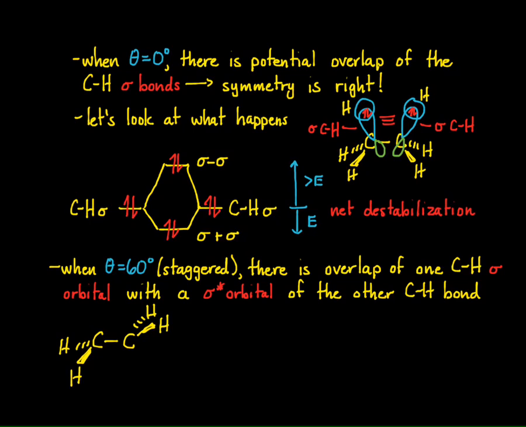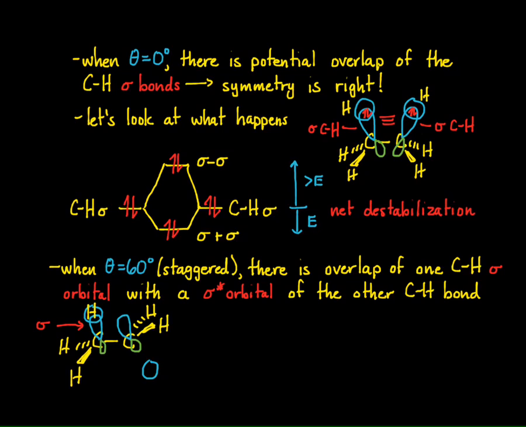So the carbon on the left is going to have a carbon-hydrogen bond that's pointing up, and we can represent that sp3 orbital overlapping with the 1s orbital of hydrogen, and we have that sigma bond. Now, of course, the carbon on the right also has a sigma bond with hydrogen, but it also entails a sigma star bond. And the shape of the sigma star bond looks like this.